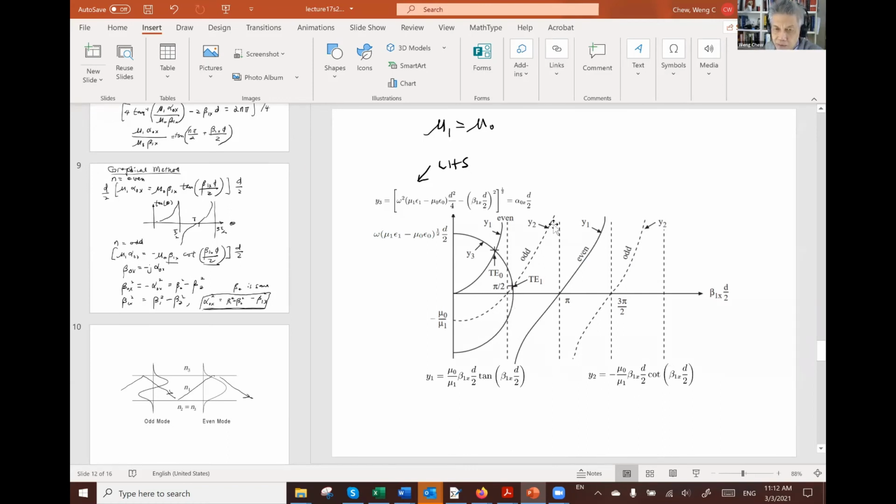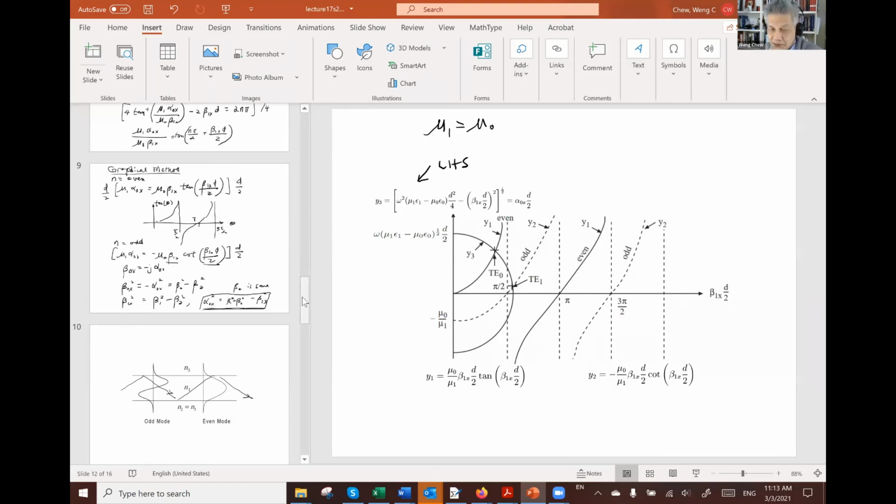So y2 would look something like this, and this is another plot for y2, and so on. So the even and the odd solutions are given by these different plots. And the points where the left-hand side plot meets the right-hand side plots are the solutions of these transcendental equations. These are the graphical methods for solving this problem.